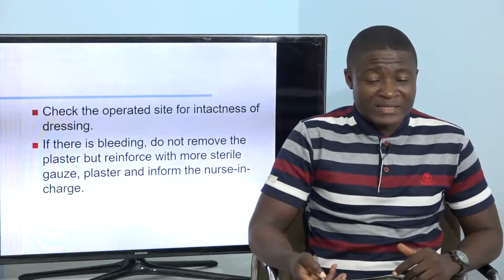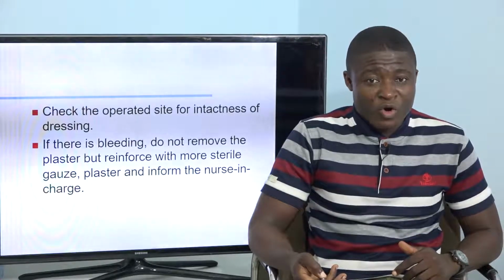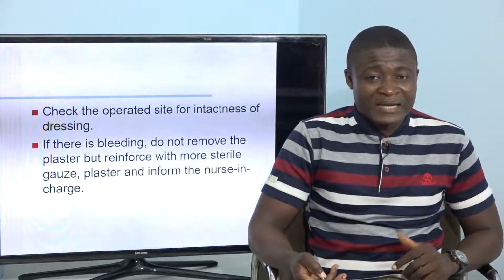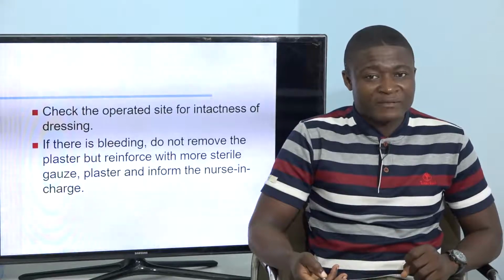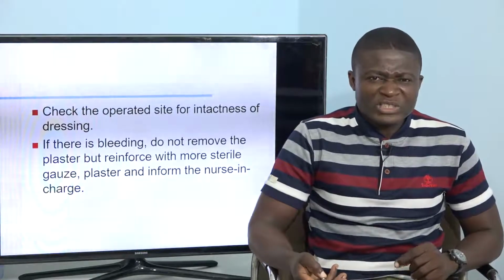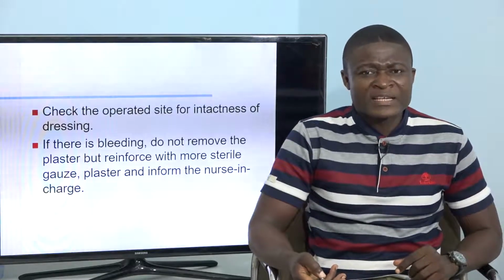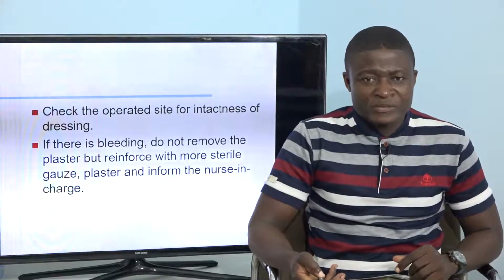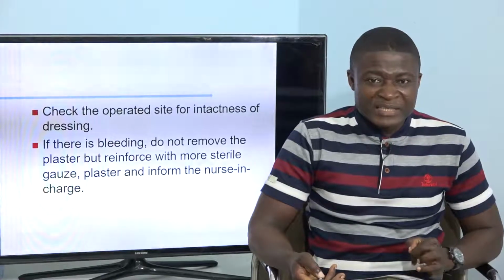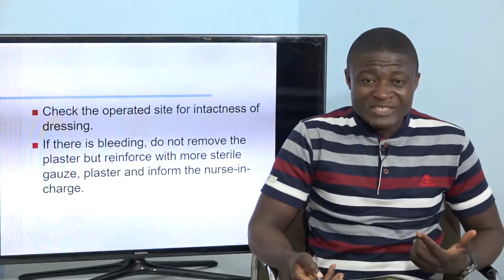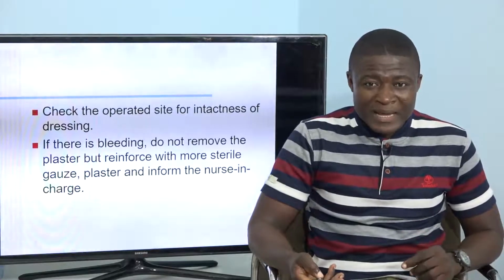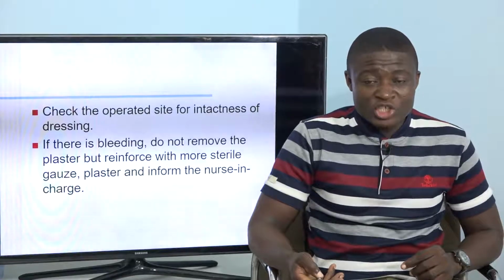Be sure that the circulation or the pulse is within the normal range and then is bouncy enough. It's not faint. Check the operated side for intactness of dressing. If there is bleeding, do not remove the plaster, but reinforce with more sterile gauze, plaster and inform the nurse in charge.